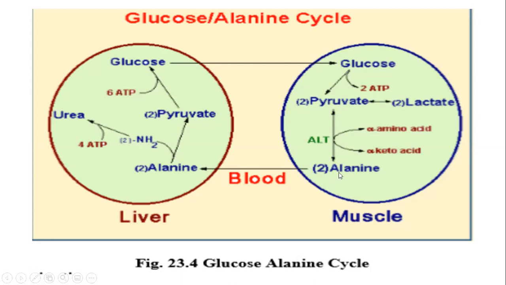And this alanine through blood enters the liver. Here this alanine is converted into pyruvate, producing an amino group, which enters the urea cycle in the liver and produces urea, which is excreted by the body because ammonia is very toxic for living cells.